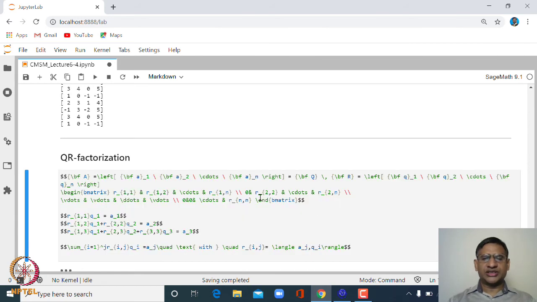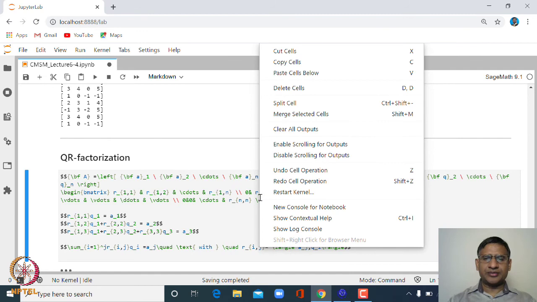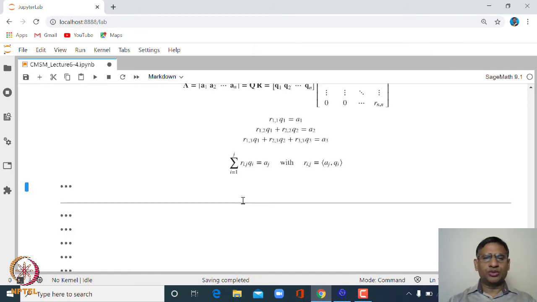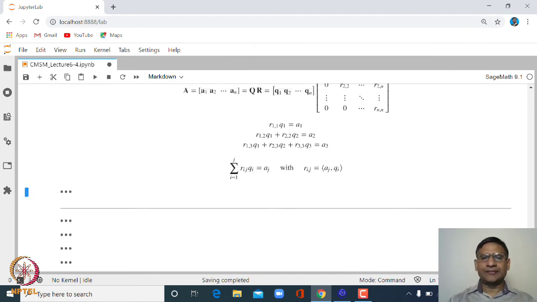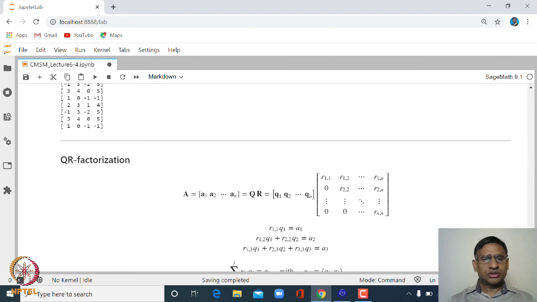It says that if you have any matrix, let us say A, it could be a square matrix, any rectangular matrix, or even a non invertible matrix. Let us write A with columns A1, A2, An. Then there exists an orthogonal matrix Q and an upper triangular matrix R, such that A can be written as Q into R.